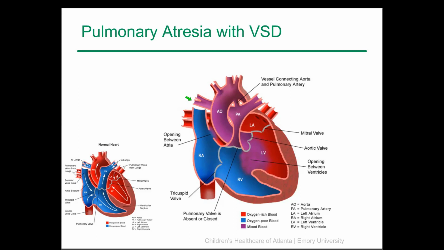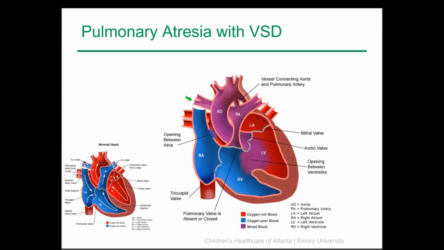Their body has had enough collateralization so that when they're born, they can get blood where it needs to go. There are some people who are 50s, 60s, and beyond who were born with this, who have never had a thing done to them because their bodies were able to get it right, or I shouldn't say get it right, but get it usable. They would get enough blood going to the lungs and the rest of the body.